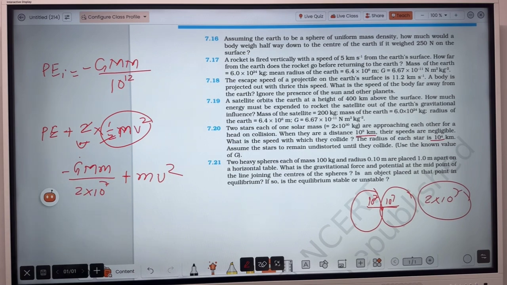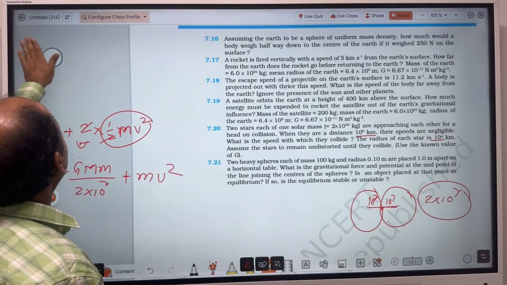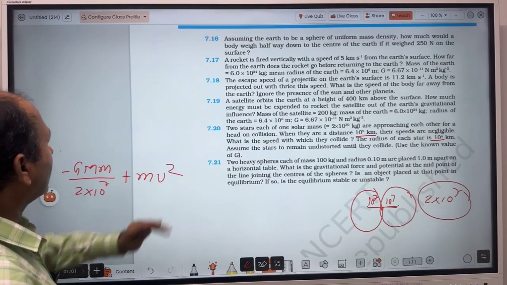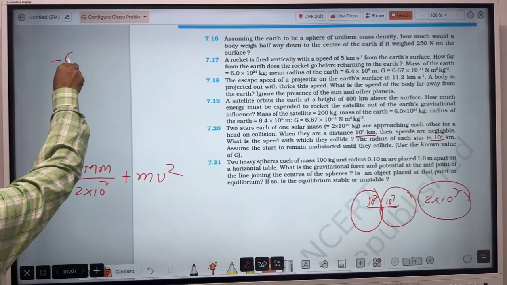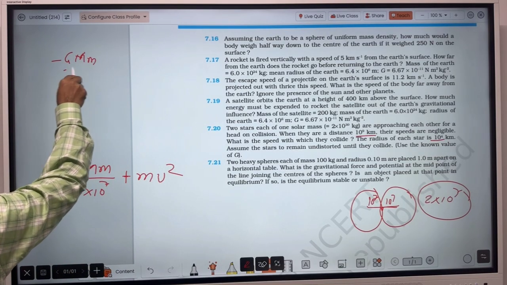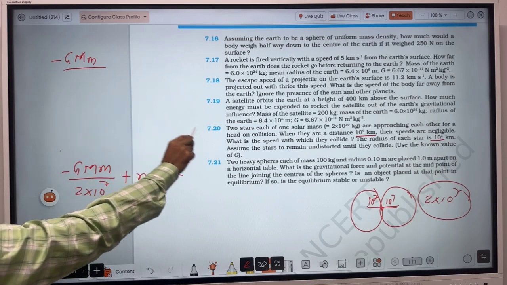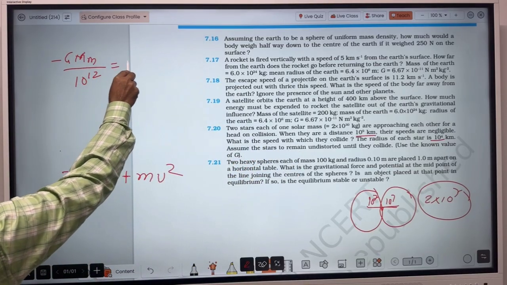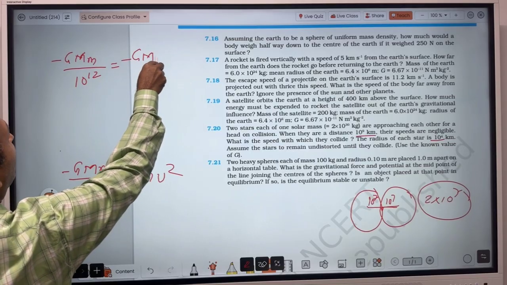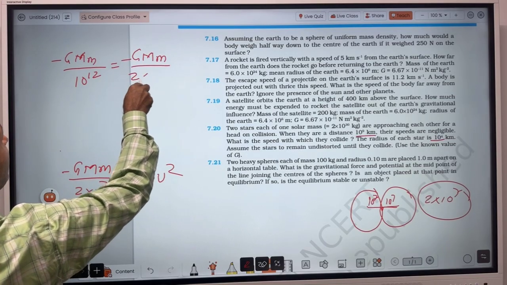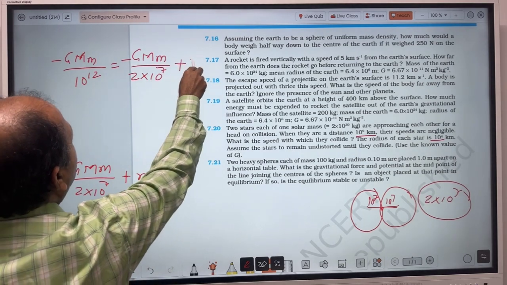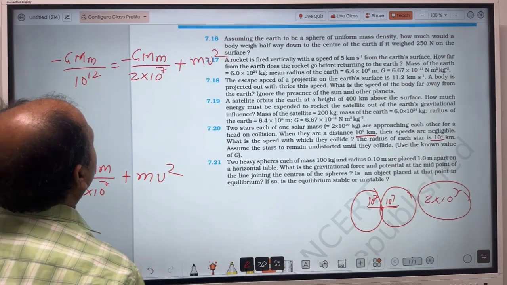Right. Now you can equate the two. So what do you get? You will get minus GMM divided by 10 to the power 12 must be equal to minus GMM divided by 2 into 10 to the power 7 plus m times v square.